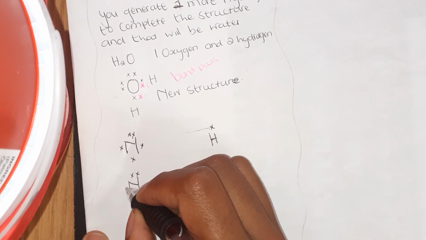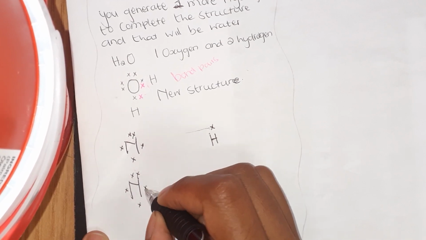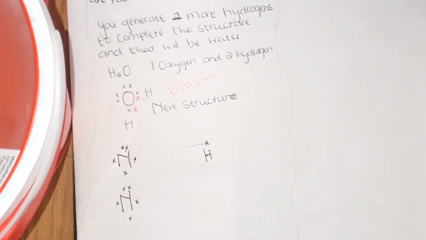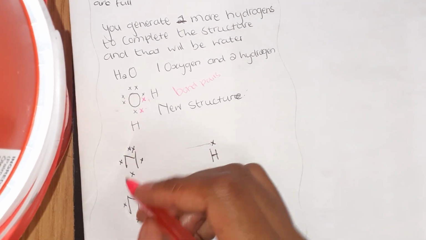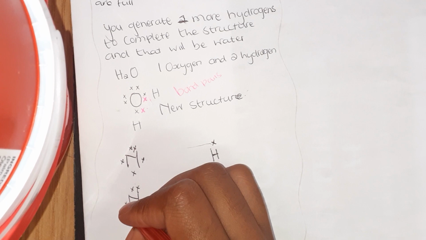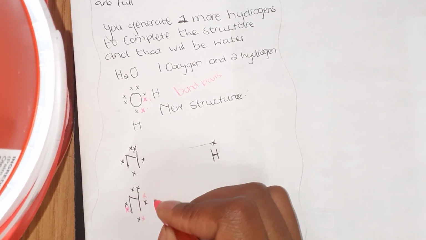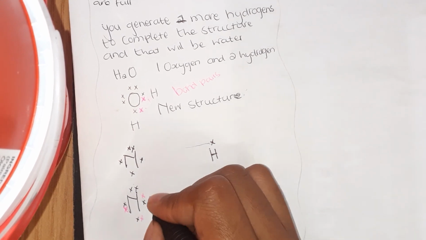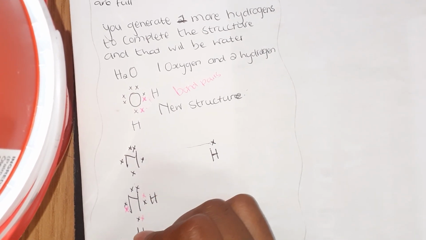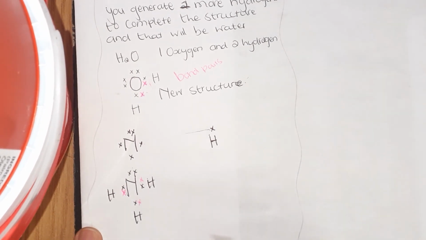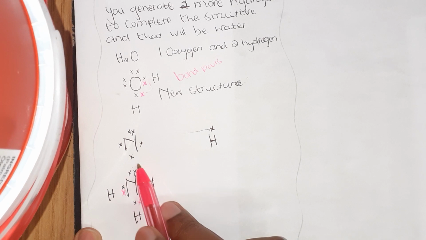You can do it with crosses or circles. Just do it the way your teacher has taught you in class. So we are going to generate a hydrogen there, a hydrogen there, and a hydrogen there. So this will be our new structure. Now we have bonding pairs and lone pairs here.